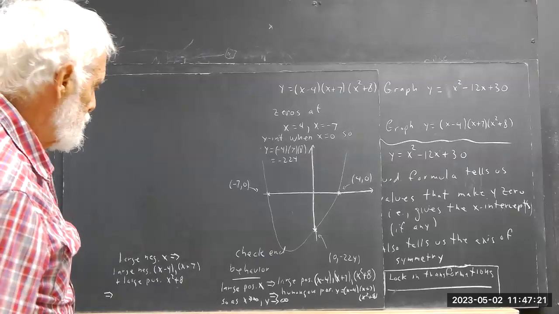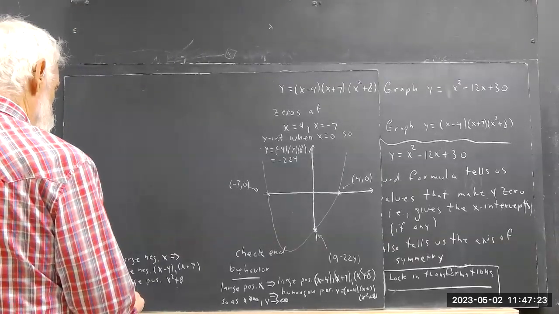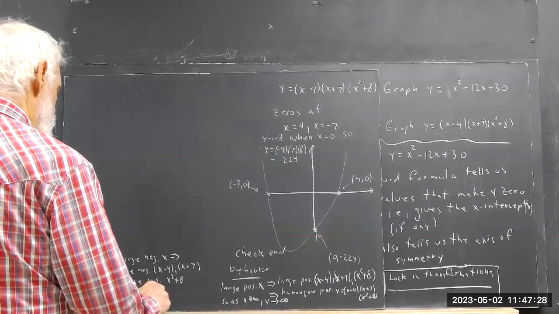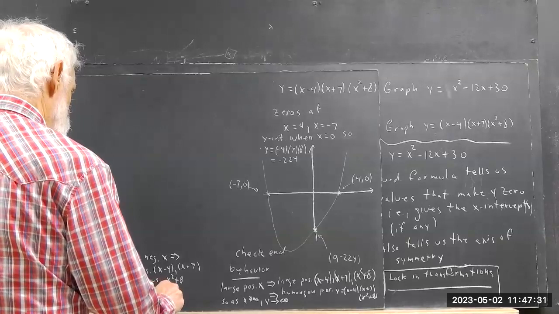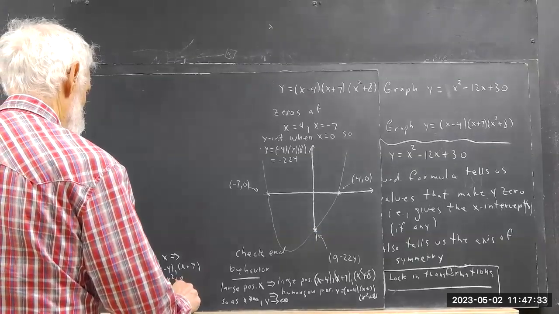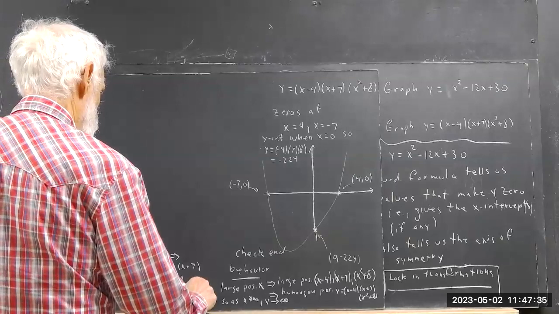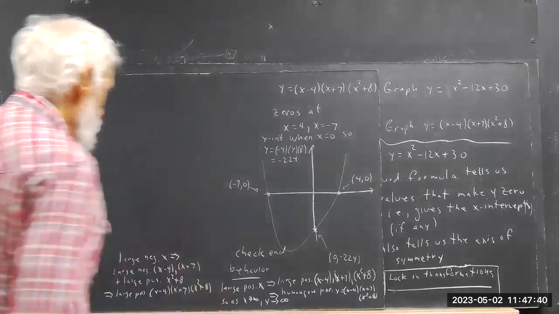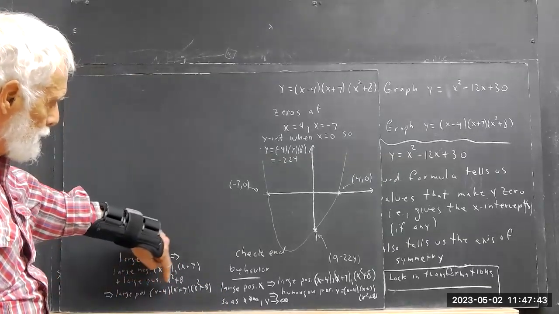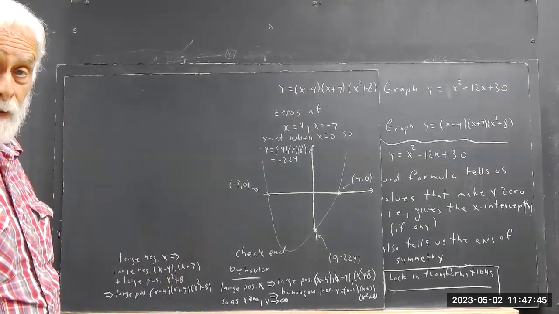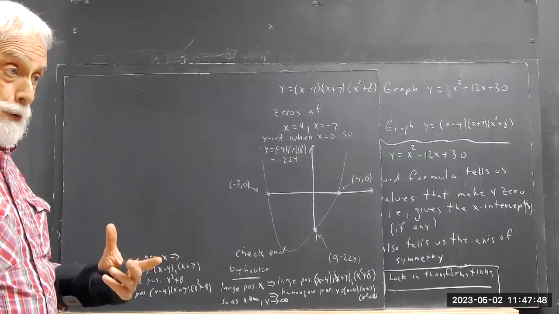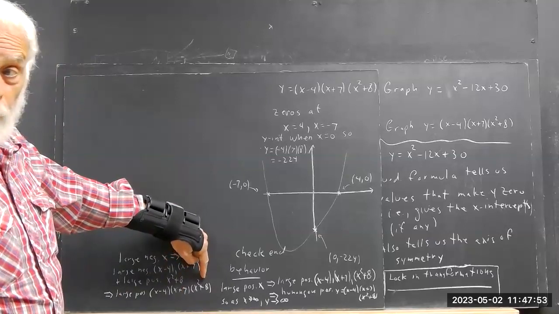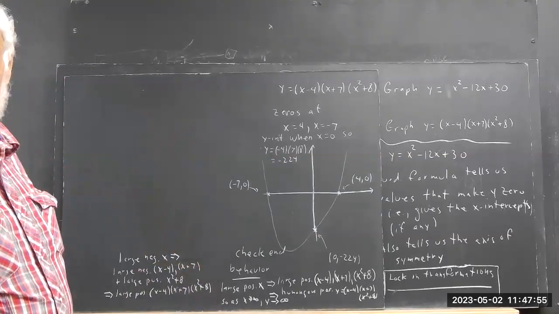Well, then, that means if this is a large negative and this is a large negative, you multiply two large negatives, you get a huge positive. And you're going to multiply that by another huge positive, which is going to give you a humongous positive number again.